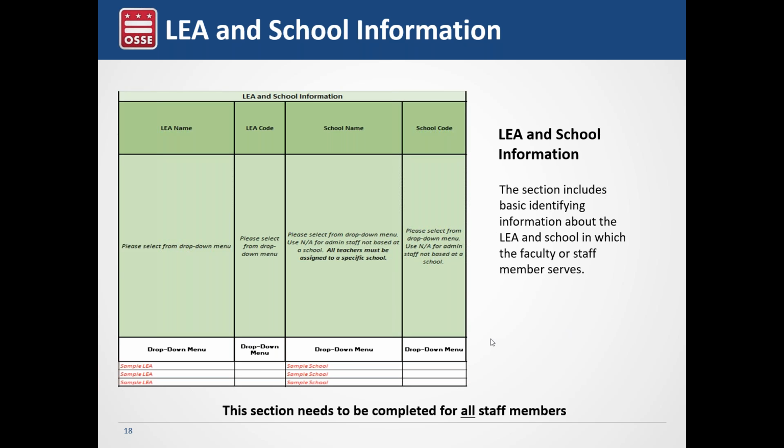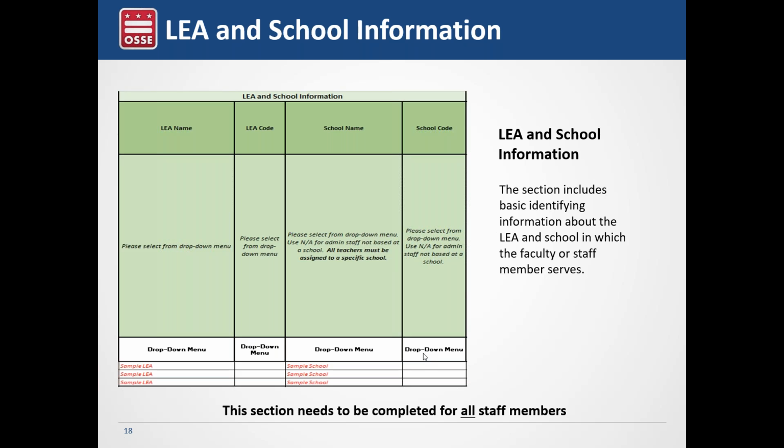I've seen several questions. If you have teachers who teach at multiple schools, so maybe one teacher teaches art at 3 schools, for example, you would need to list that teacher 3 times, so just copy and paste their other information, put in the school that they're at, so that you would put 1 row for each of those schools, and then put maybe 0.33 FTE at each of those schools if their time is split between schools.